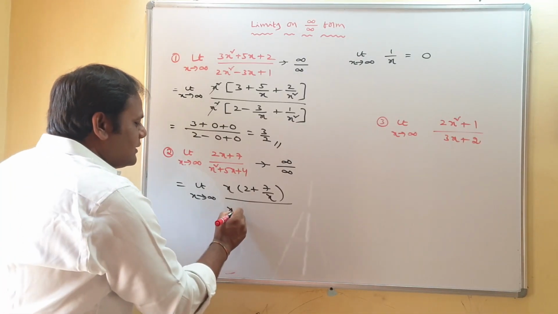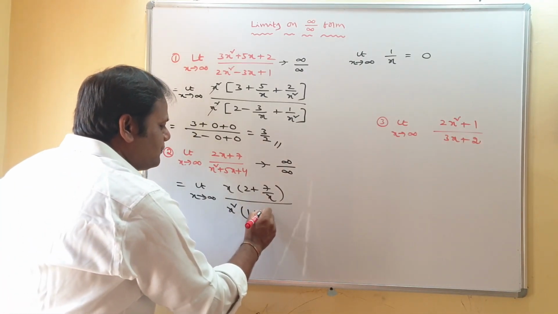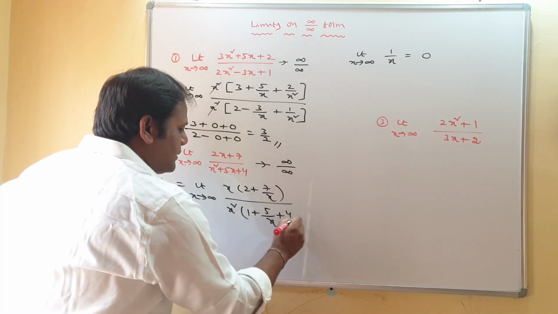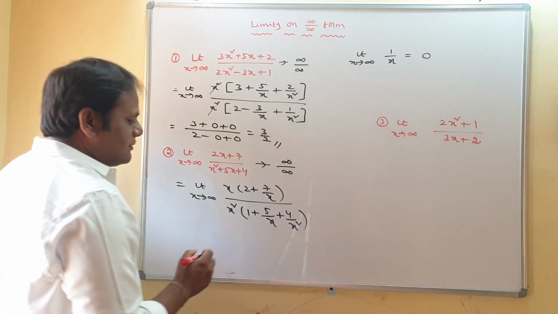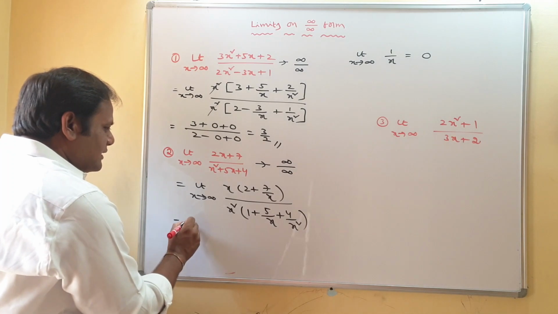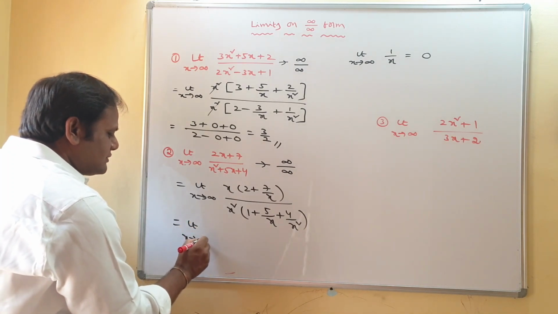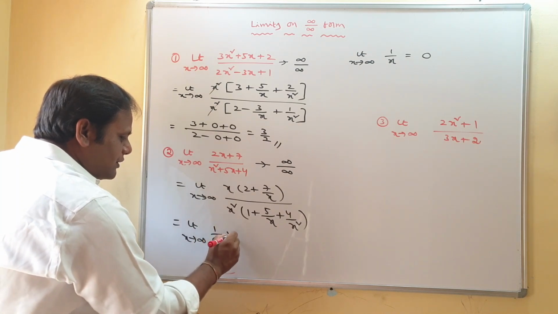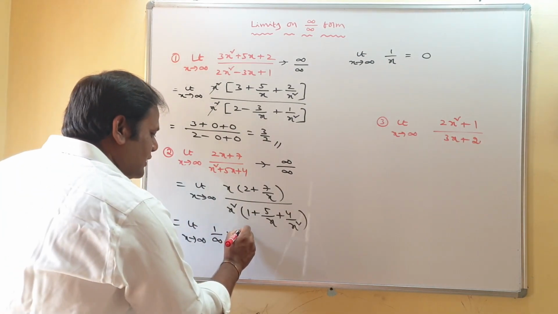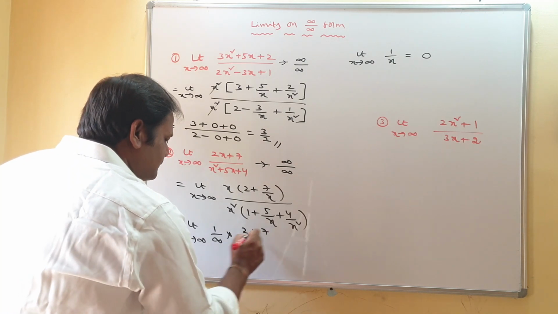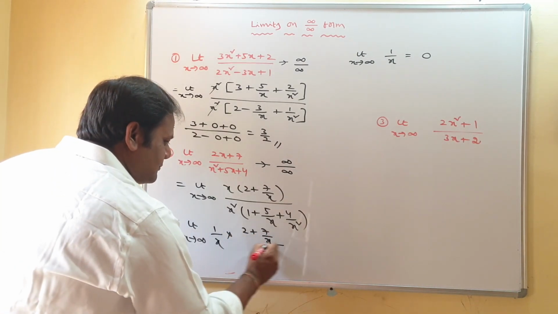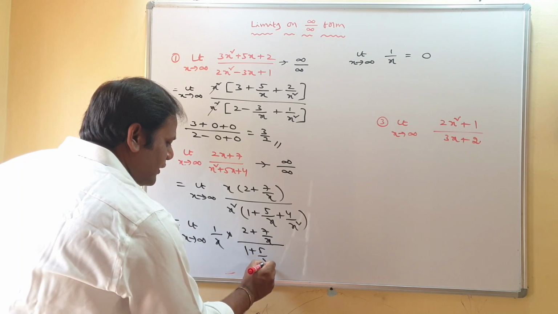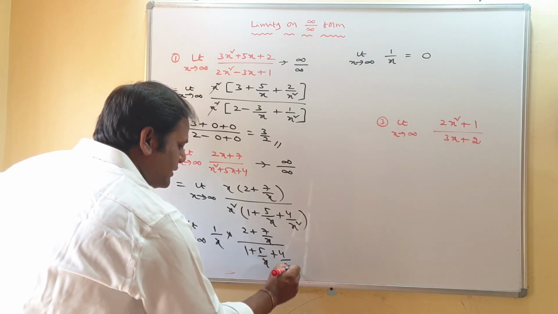X square. Take x square common, you get 1 plus 5 by x plus 4 by x square. Now here you can see that one x gets cancelled and we are left with 1 by x into the remaining, that is 2 plus 7 by x by 1 plus 5 by x plus 4 by x square.